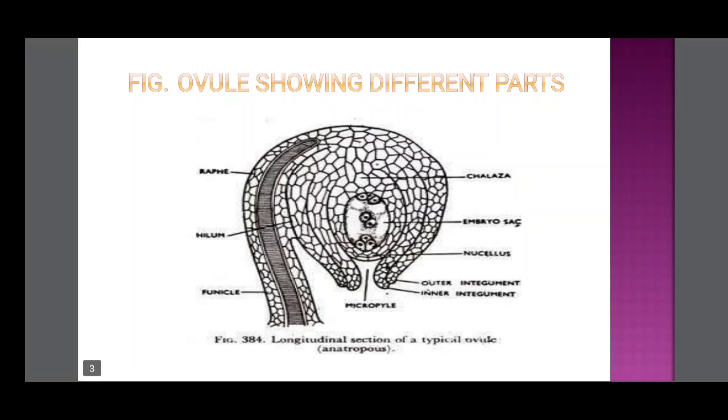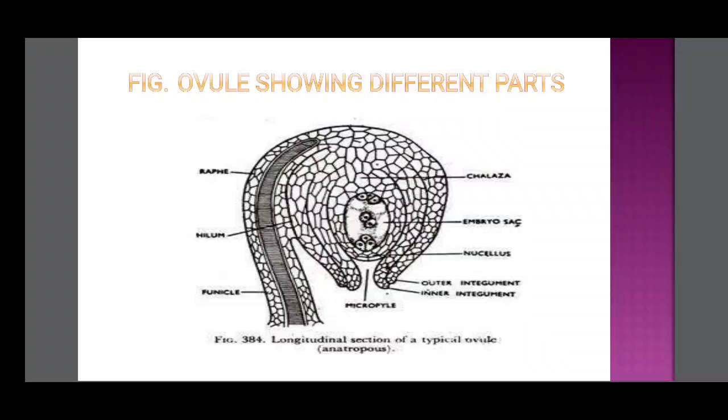So this is the ovule showing different parts. You can see the funicle, hilum, raphe, at the same time chalaza, embryo sac, nucellus, integument, outer integument, inner integument.